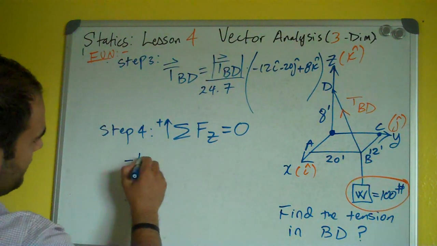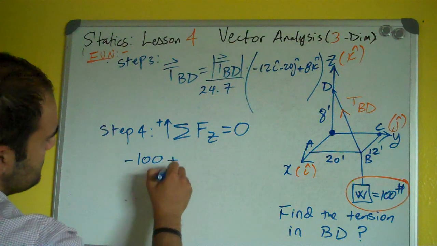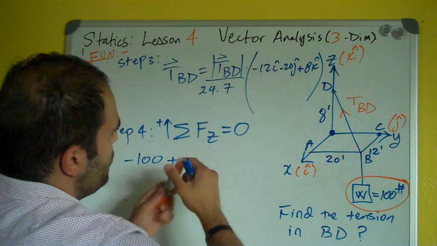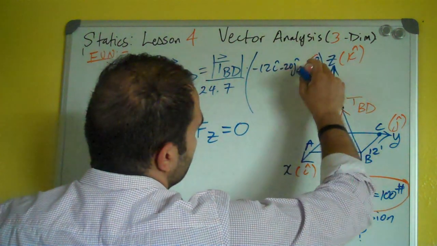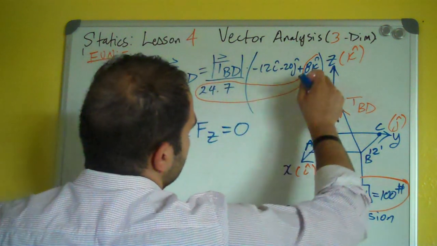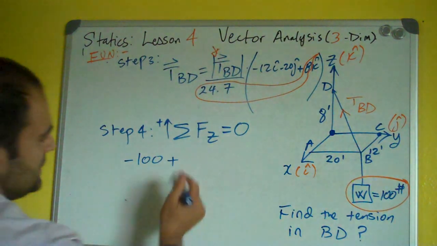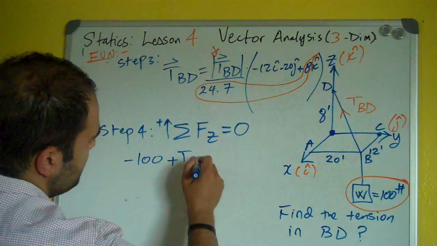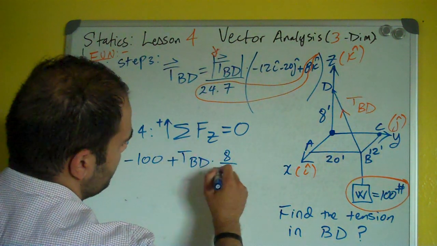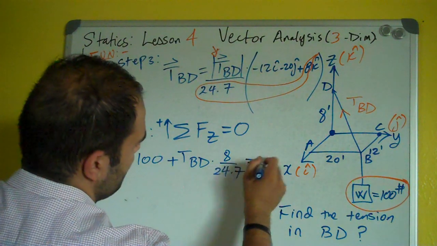So negative 100 plus tension in the z direction. So this is what you're looking for. Plus T_BD times 8 over 24.7 equals 0.